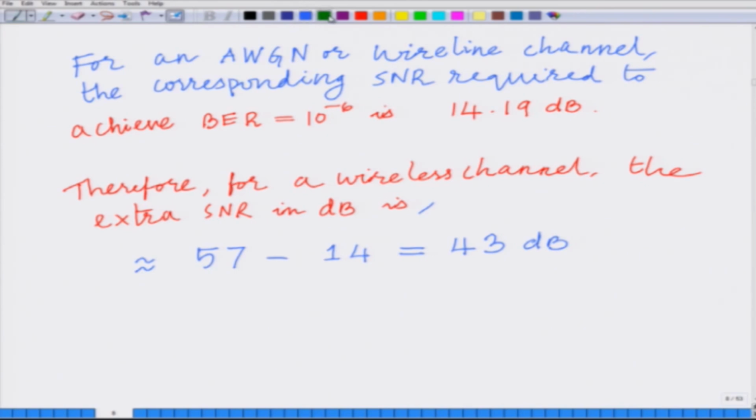So, you can see this 43 dB is the extra SNR that is required in a wireless channel. Approximately 14 dB is required in an AWGN or wireline channel. So, on top of that, additionally you require an SNR of around 43 dB in a wireless channel to achieve the same bit error rate.